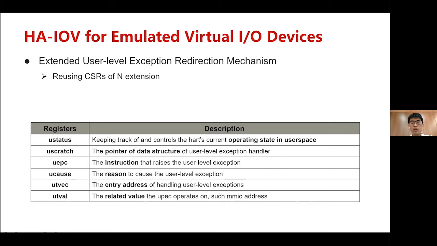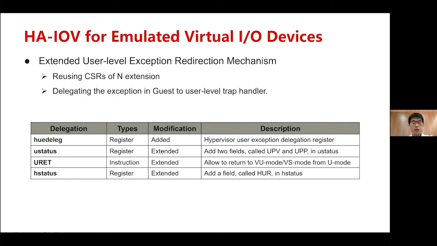To directly redirect exceptions from the guest to the host user space, we extend the N extension. The N extension is for adding a user-level exception and interrupt handler. In the extension, control and status registers such as ustatus, uscratch, etc. are used, as shown in the following tables. So, we no longer detail them here.